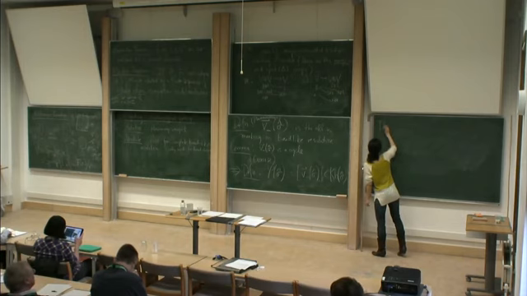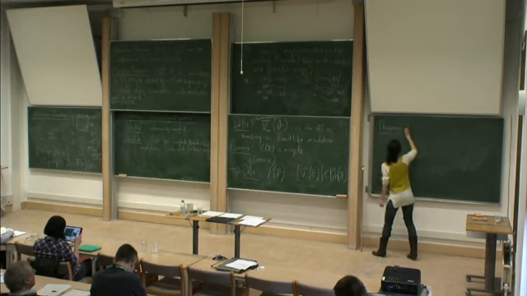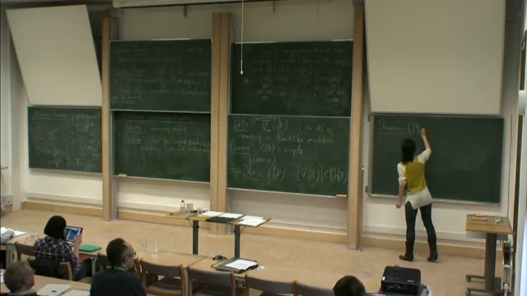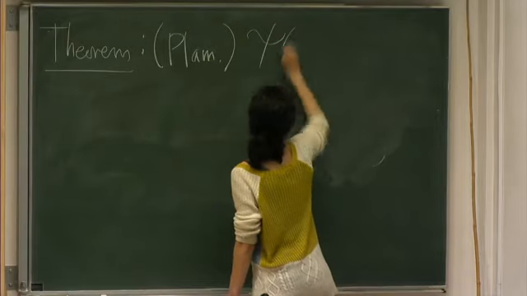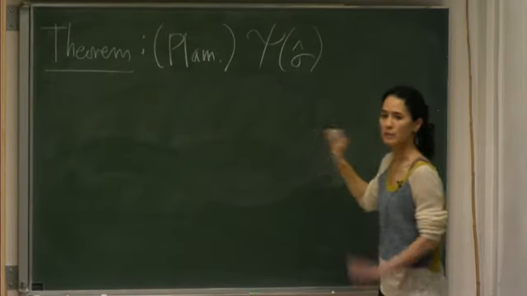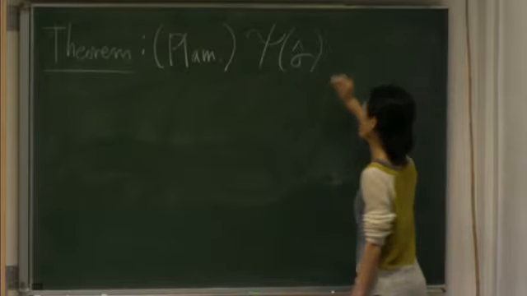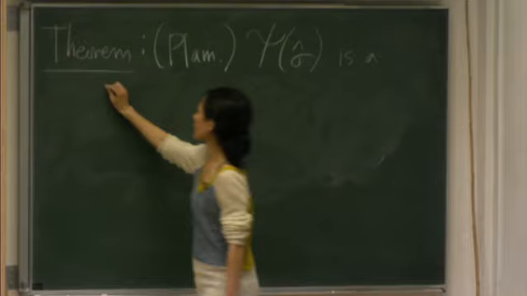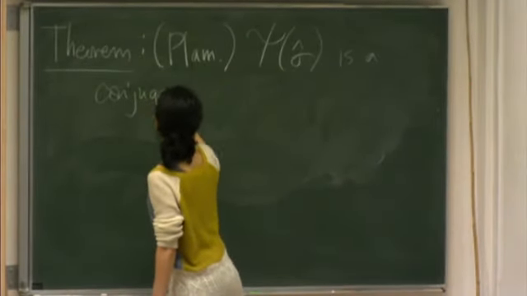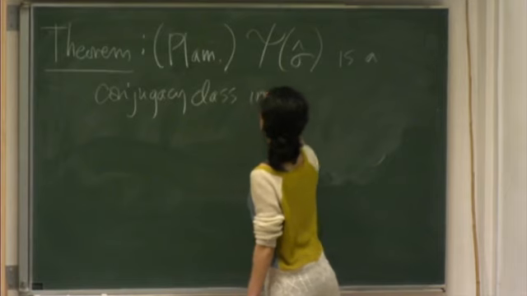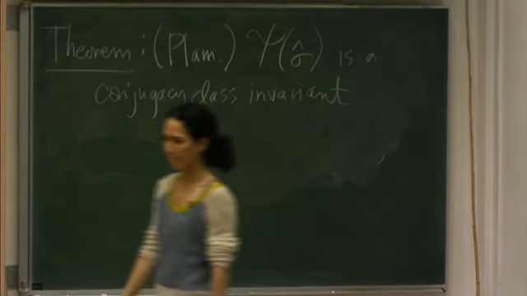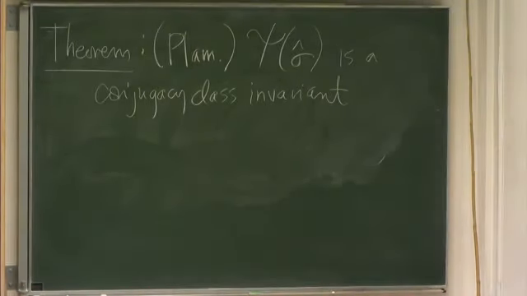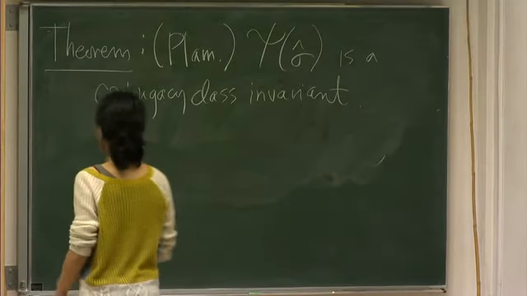And the important theorem for us of hers, I hope she'll forgive me for shortening her name for the rest of the talk, is that, so she proved more than this, but for the purposes of this talk, this is all we need. It's a conjugacy class invariant. So it's an invariant of braid isotopies in the solid torus. Closed braid isotopies in the solid torus.